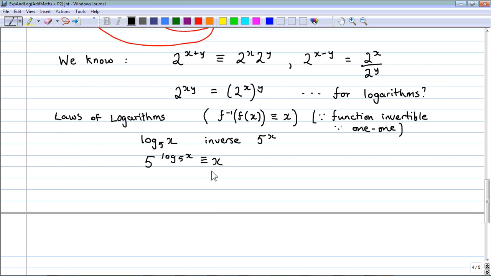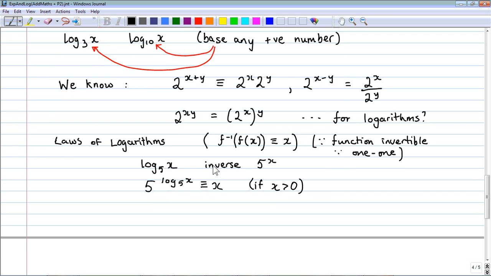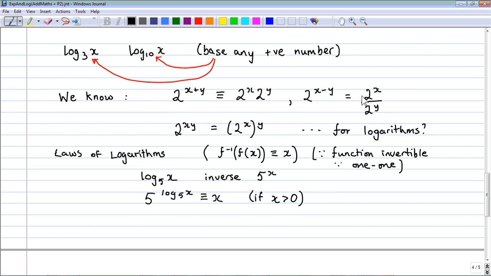So here I should put in brackets: if x is greater than 0. So if x is greater than 0, we can calculate log base 5 of x. Then if we apply the inverse function 5 to the x, we're going to get x. Okay? So we can apply this idea to what we already know about exponents to get the laws of logarithms.